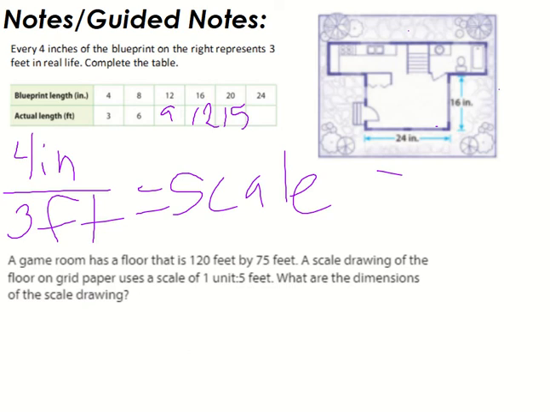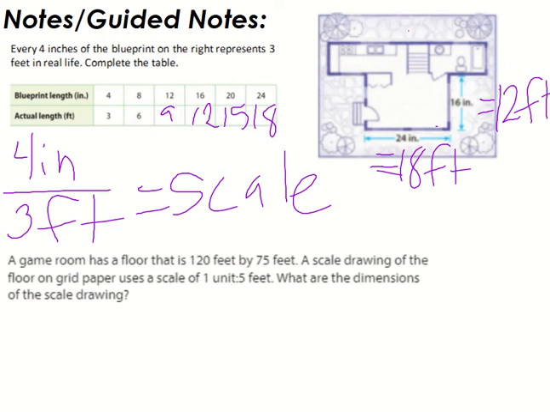And then 24 inches will be 18 feet. And so the point of that is that if we take this blueprint, we will know that this 24 inches really stands for 18 feet, and this 16 inches really stands for 12 feet in real life. And that's how you would use a blueprint.